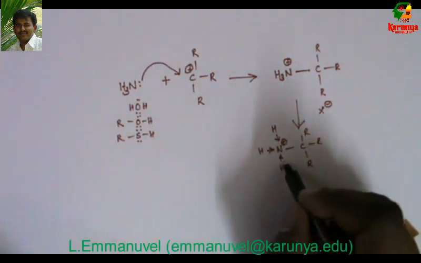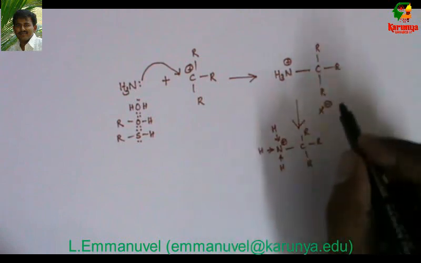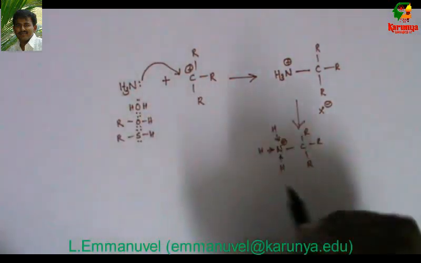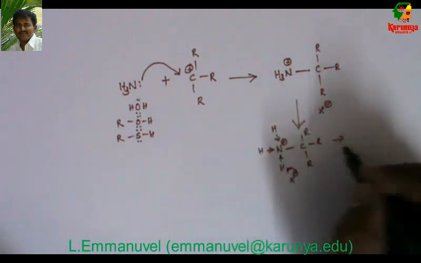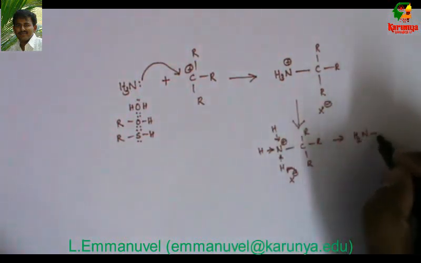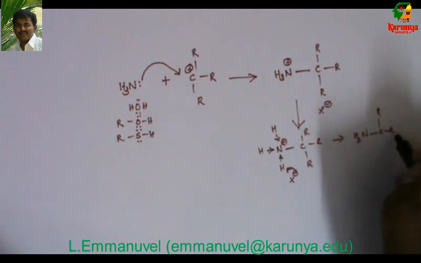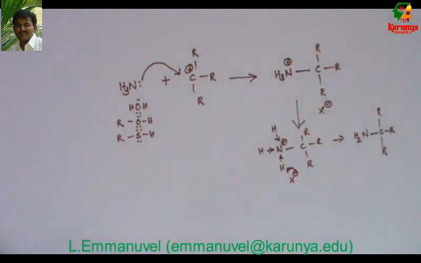So this hydrogen becomes acidic, and the negative species takes that proton. What we get is this. So this is the mechanism.